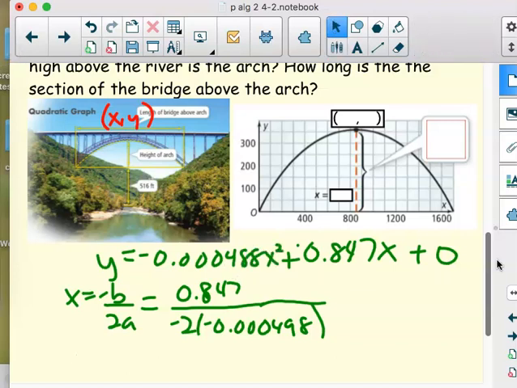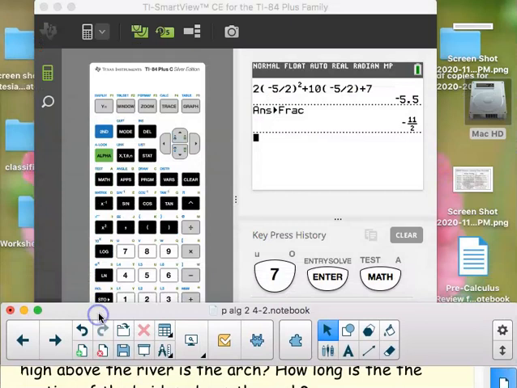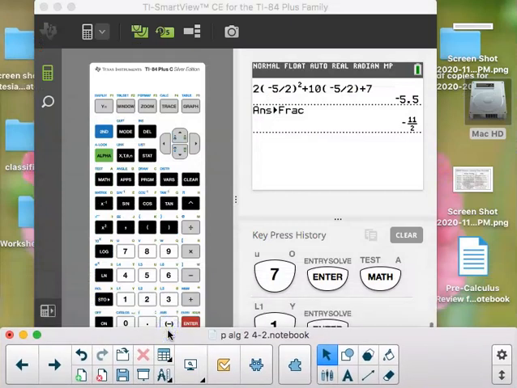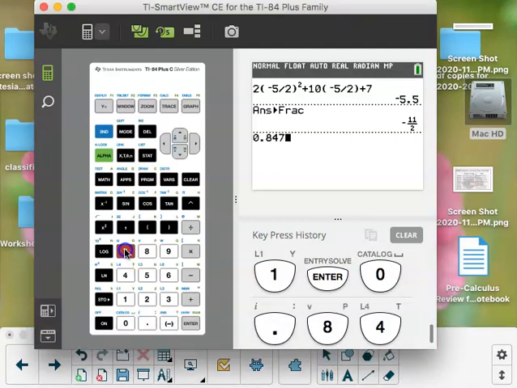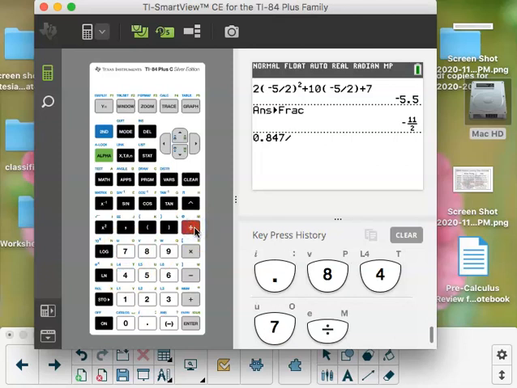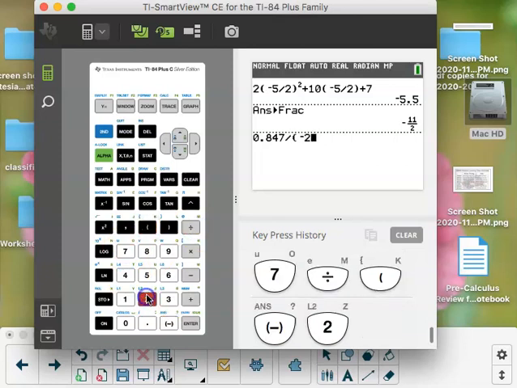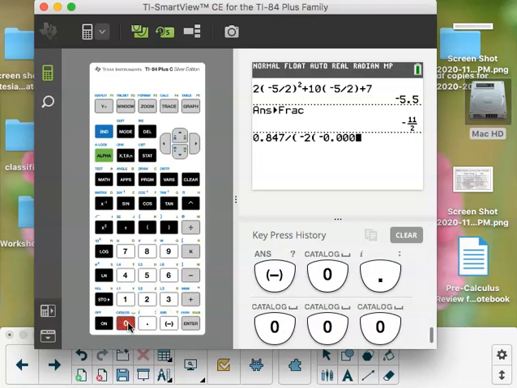And we punch that into a calculator. I don't think anybody wants to do that by hand. So we had 0.847 divided by parentheses, negative 2 parentheses, negative 0.000, sure I have all my zeros in there, 498.